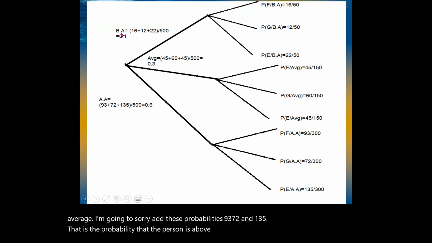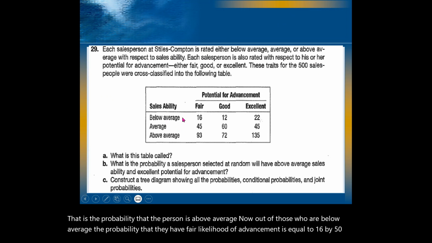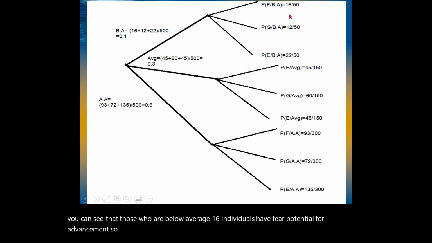Now out of those who are below average, the probability that they have fair potential for advancement is equal to 16 by 50. How? You can see that among those who are below average, 16 individuals have fair potential for advancement. So 16 divided by 50, and similarly the probability of good advancement is equal to 12 by 50, and so on.